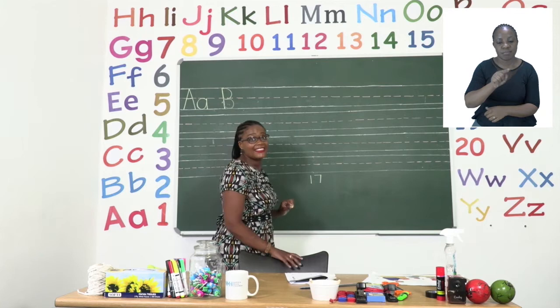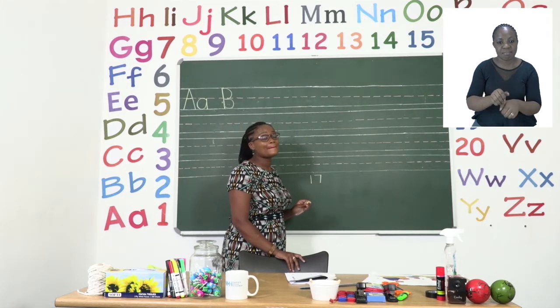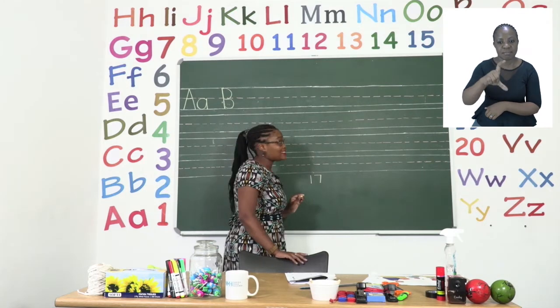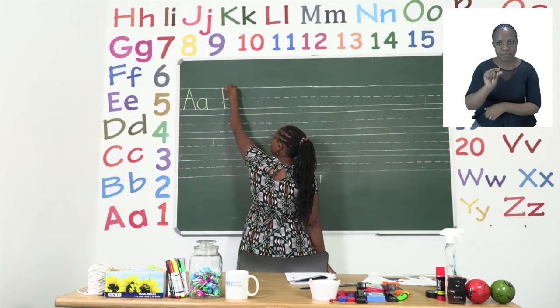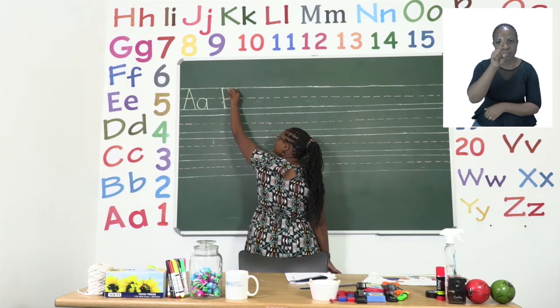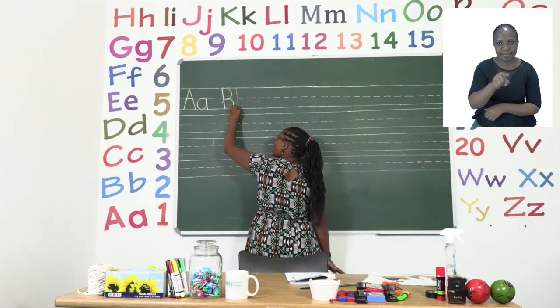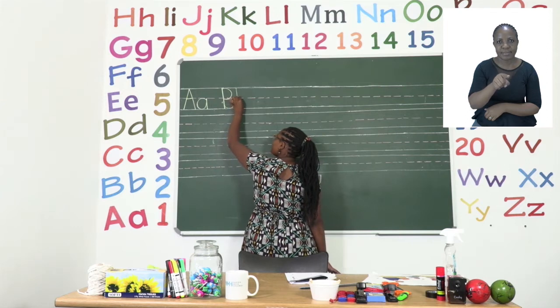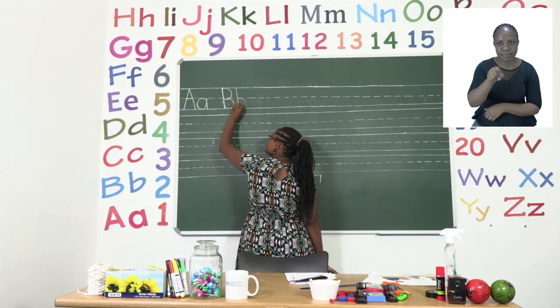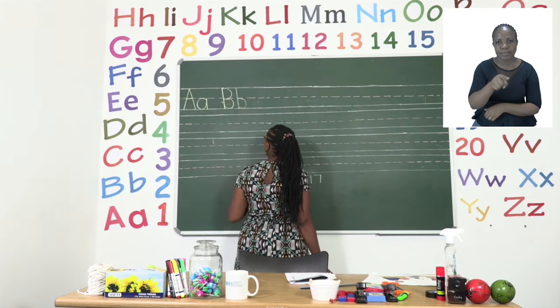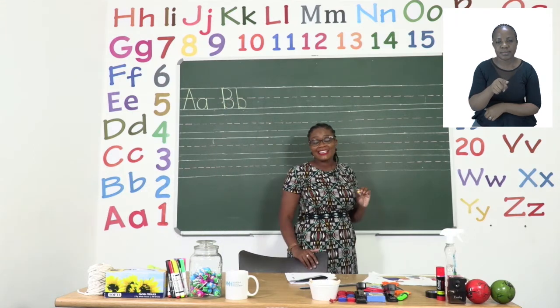Very good. And that is our letter B. Our small letter B starts at the top as well and goes down, up and round. There you go.